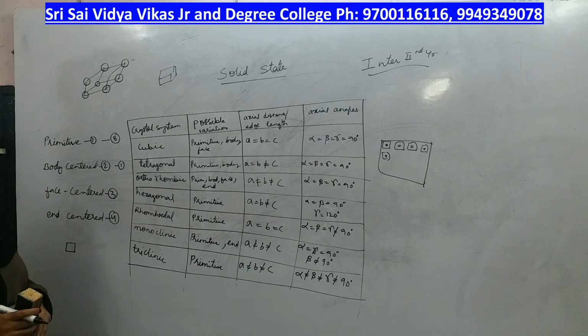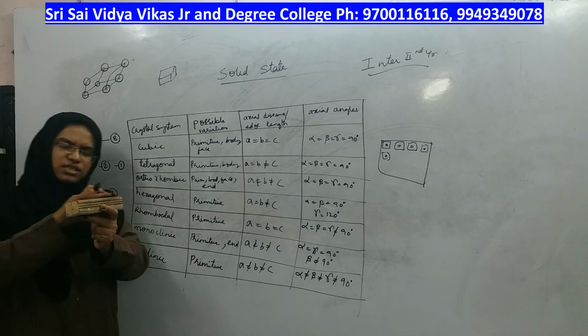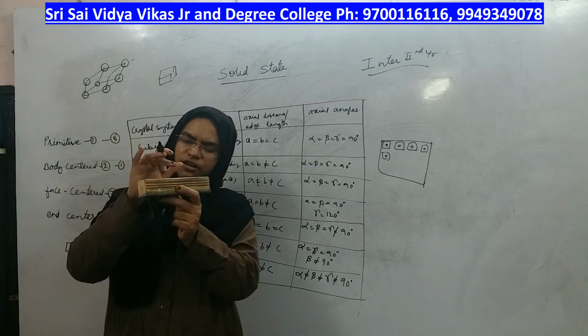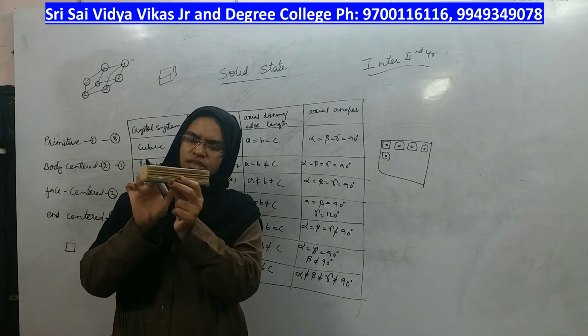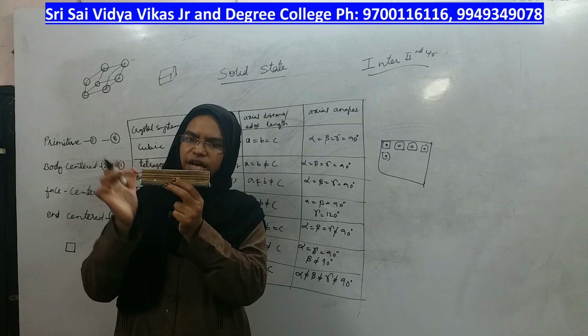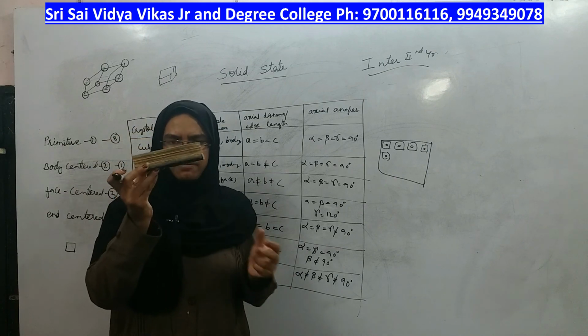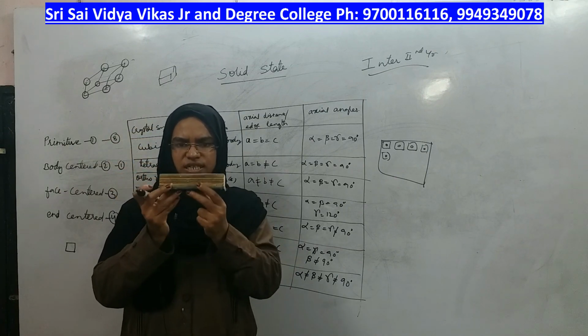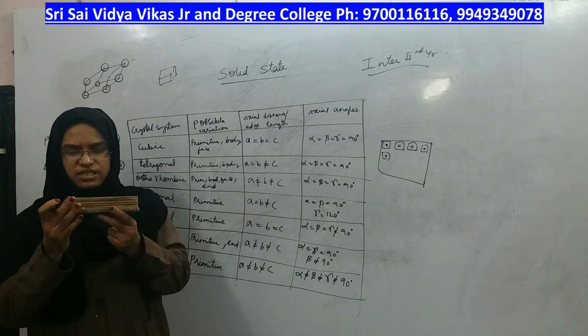Coming to the face centered. This is a face, I told, right? 1, 2, 3, 4, 5, 6. How many faces are present in this box or in this crystal? There are 6 faces, right?